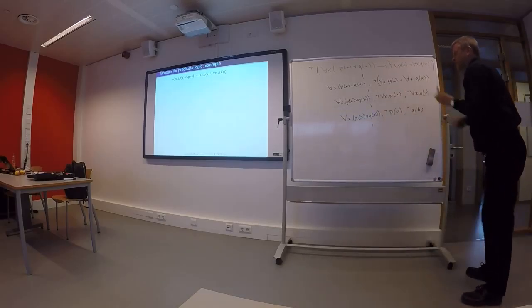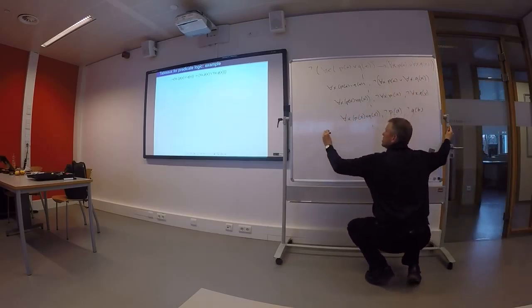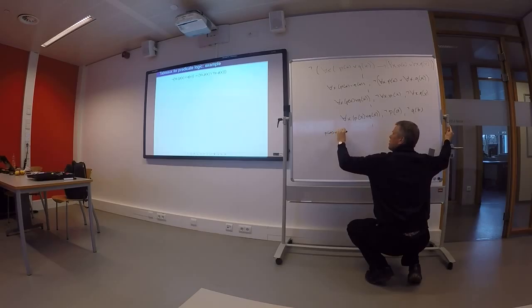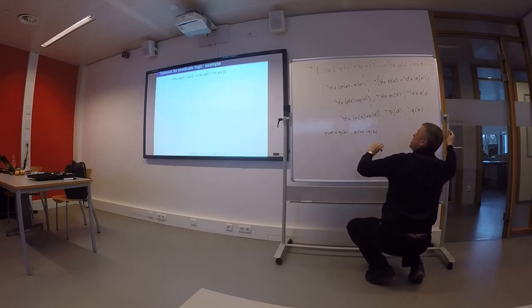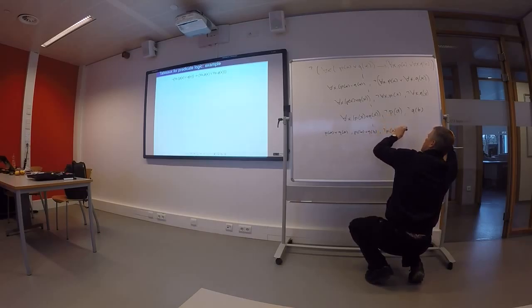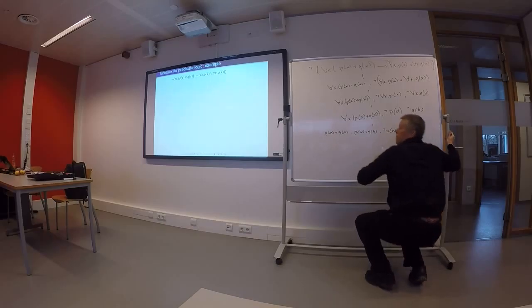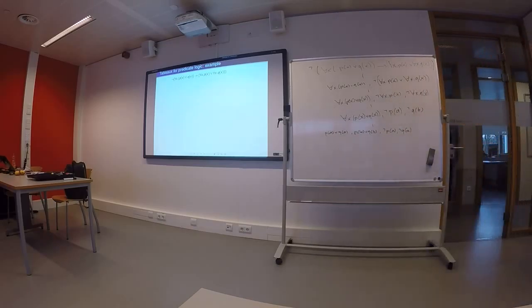So now it goes differently. I get a larger formula saying PA or QA, where I instantiated x with A, PB or QB, where I instantiated x with B, and of course not PA and also not QB. This is now what I have.